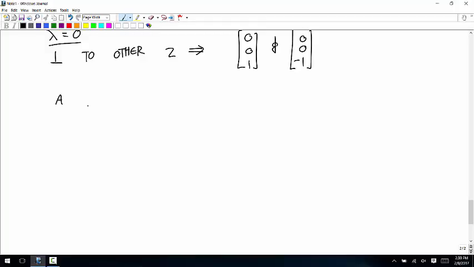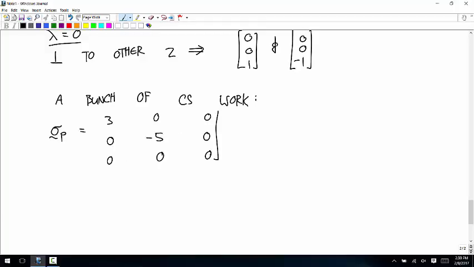So yeah, now a bunch of coordinate systems work. We could say the principal stress tensor is equal to 3, 0, 0, 0, negative 5, 0, 0, 0, 0, in the coordinate system where our x-axis is what our original one was.